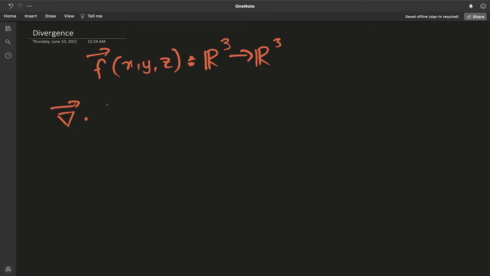If you have two vectors, you can do two things with them: dot product and cross product. So first let's do the dot product because it's way simpler. You get this quantity.